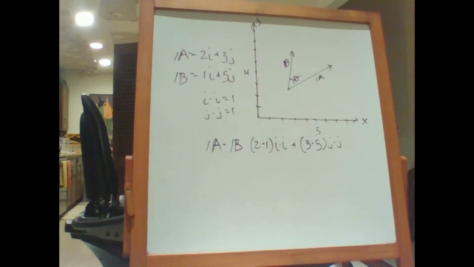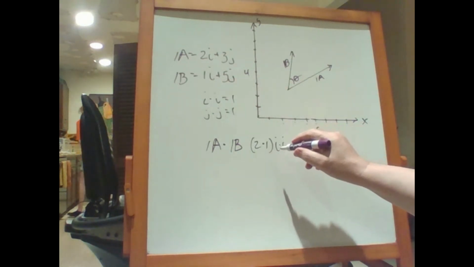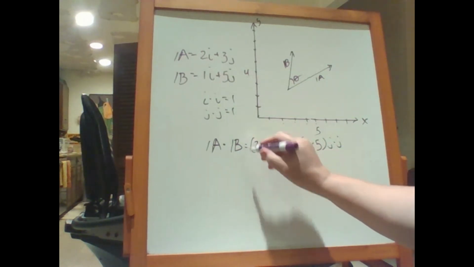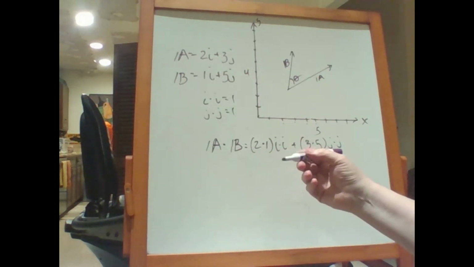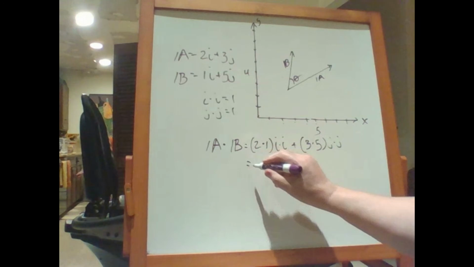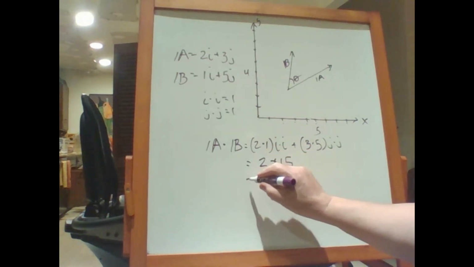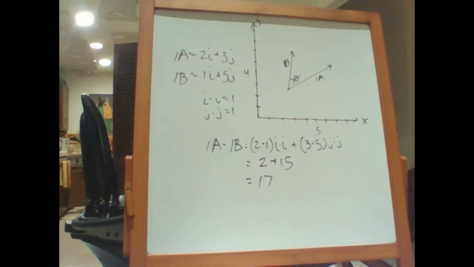So that just gives you a magnitude of the i. So whenever you see that, you can even ignore it. It turns out that dot products only yield scalars. So this is equal to 2 plus 15, and the result is 17.